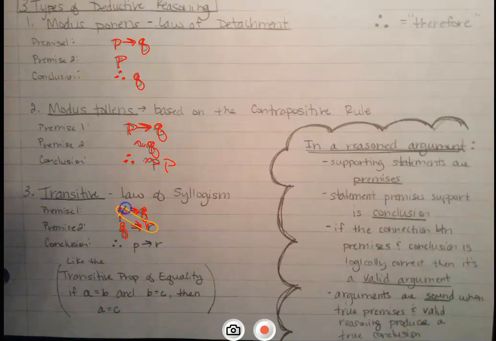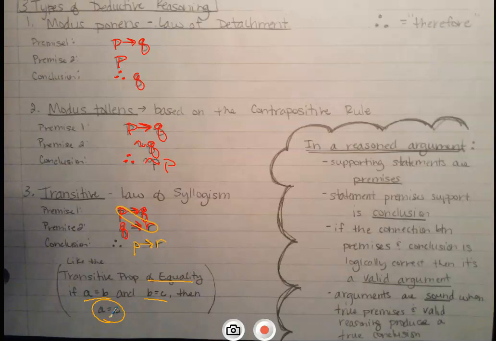Therefore P therefore R. The Q's match up, and we can say P is the same thing as R, because P was the same as Q, and Q is the same as R. So we can skip around a little bit and use that. It's going to be very helpful. The transitive in deductive reasoning is like the transitive property of equality: if A equals B and B equals C, then A equals C. We're doing the same thing here.